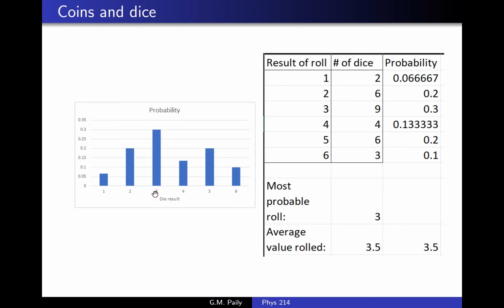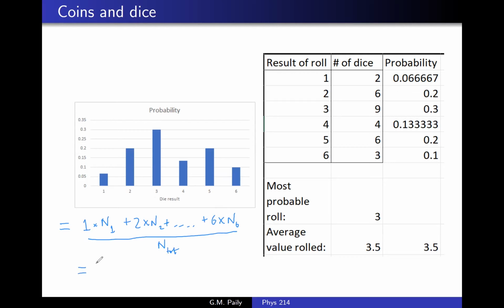How do I calculate the average value rolled? What I'm doing there is the average result is going to be 1 times the number of dice with 1, plus 2 times the number of dice with 2, plus etc., plus 6 times the number of dice with 6, divided by the total number of dice, right?